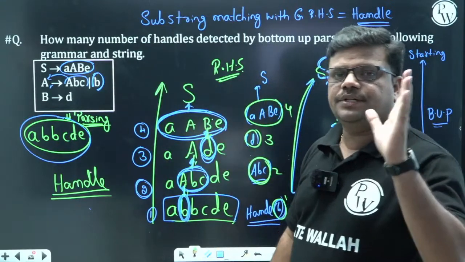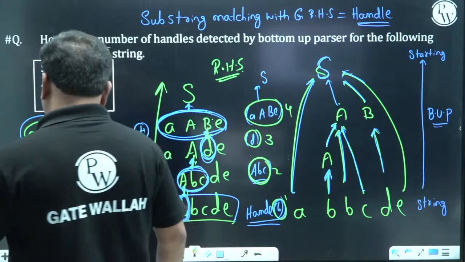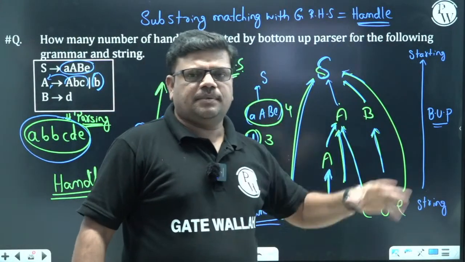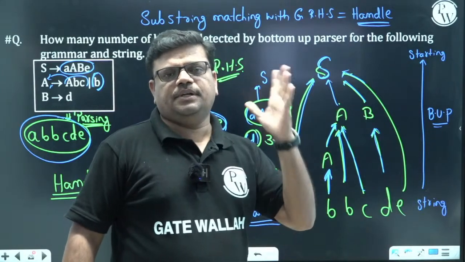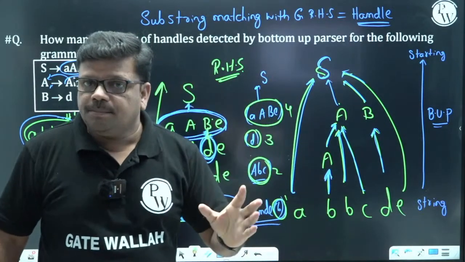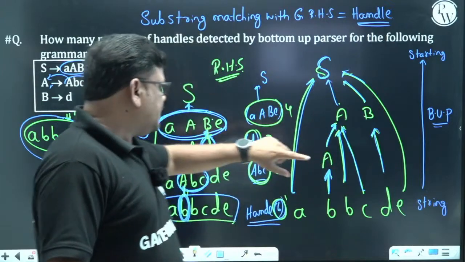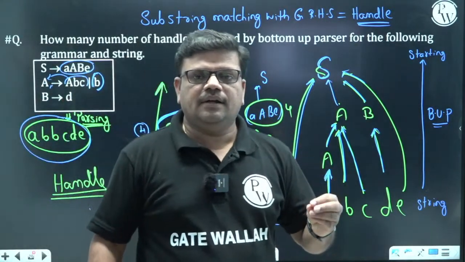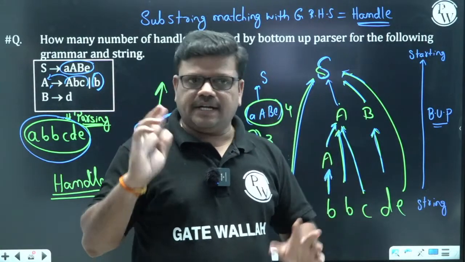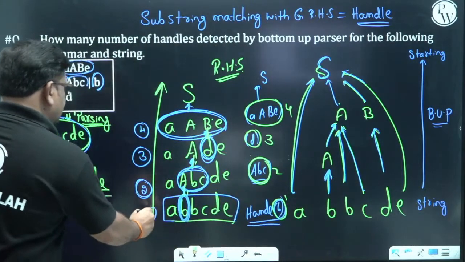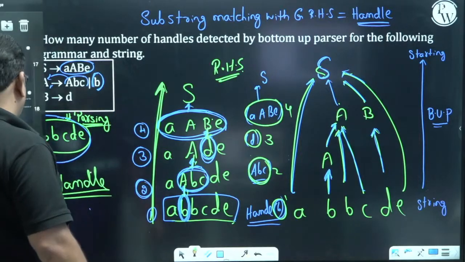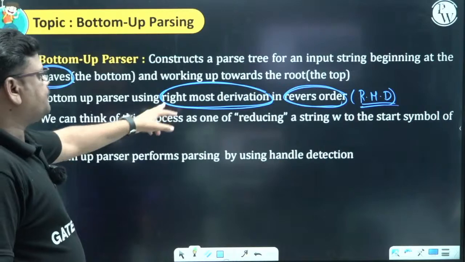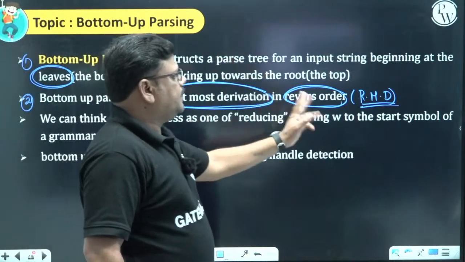That's why we use the term bottom-up parsers. Take any LR parser, any operator precedence parser, the concept is the same. This handle concept gives us a rightmost derivation in reverse order. That's why a bottom-up parser uses rightmost derivation in reverse.